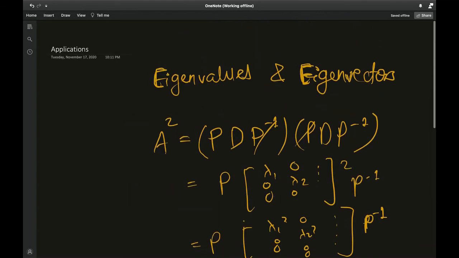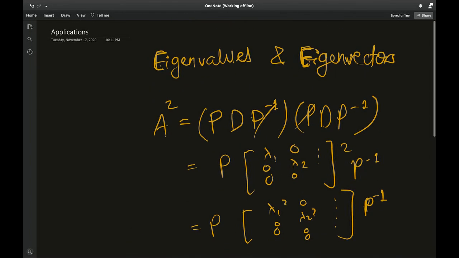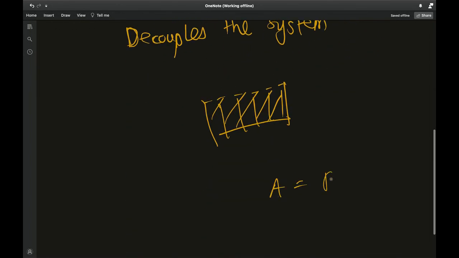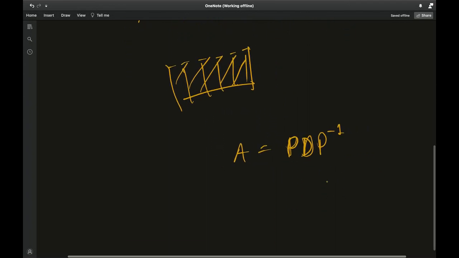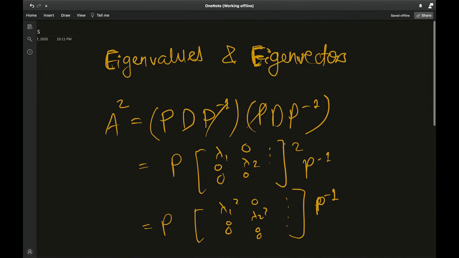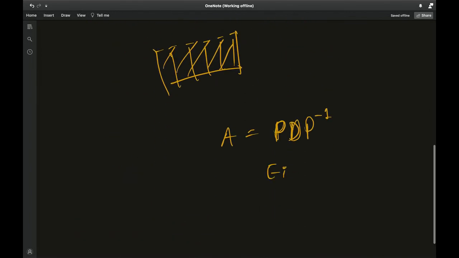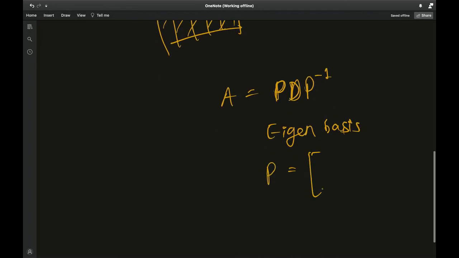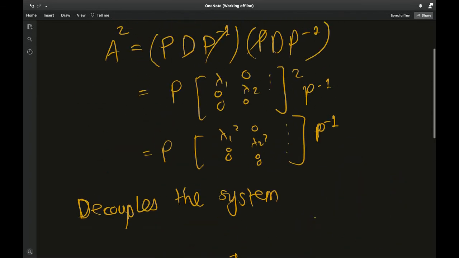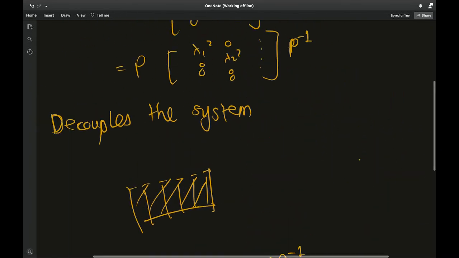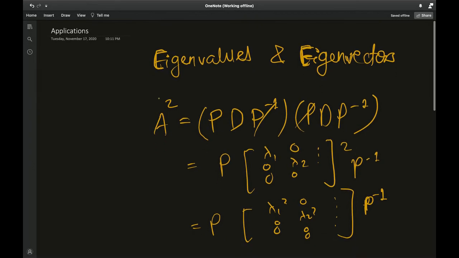That's why this was particularly useful, because this PDP inverse is actually expressing a matrix A in the basis of its eigenvectors, like in an eigenbasis. So this matrix P has all the eigenvectors on its columns, basically.